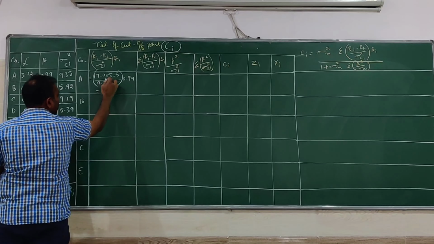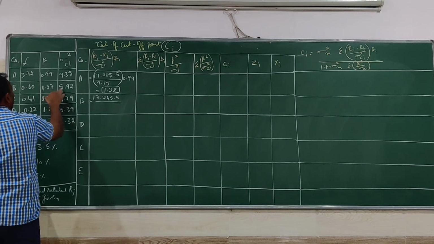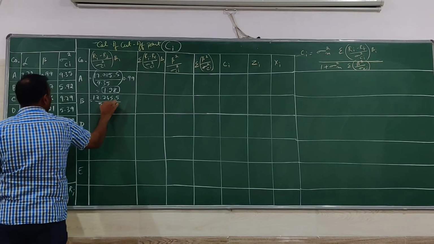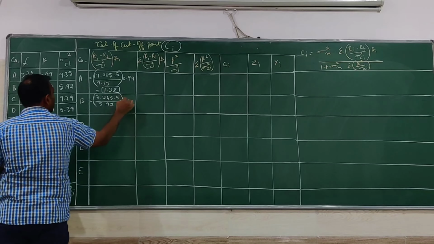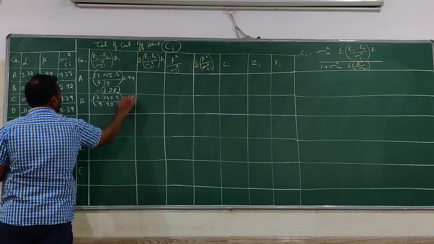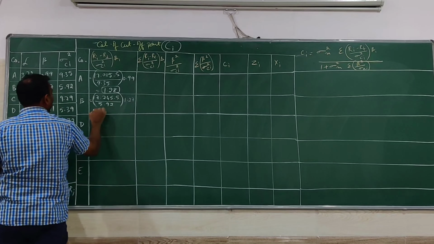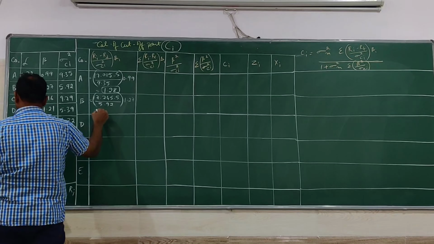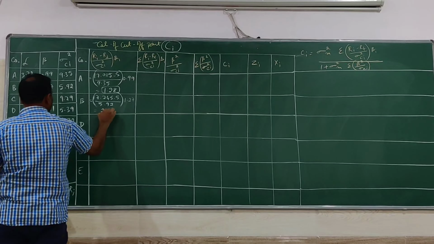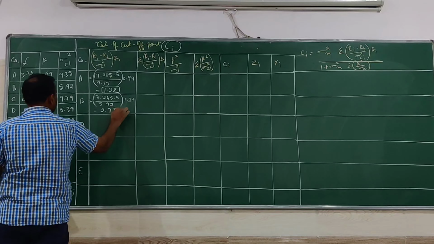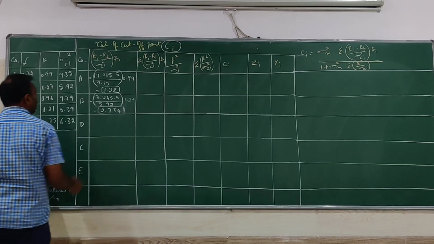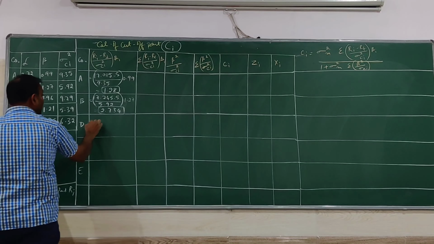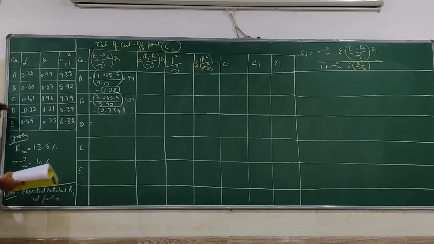Next for B, 17.745 minus 5 divided by unsystematic 5.92 into beta 1.27. We are going to get here 2.734 for B. Then D, we have to be careful while substituting.